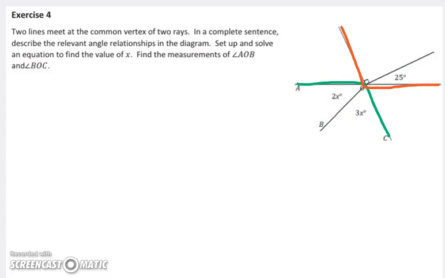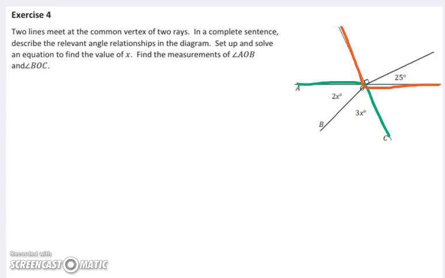Well, let's take a look at the left side first, well, the lower half. This vertical angle here has two mini angles inside of it. It's got our 2x and 3x. Well, and we know in math that means to add them together.